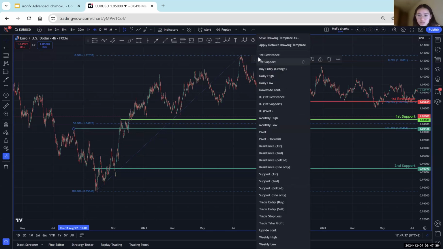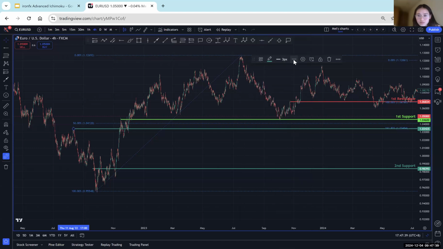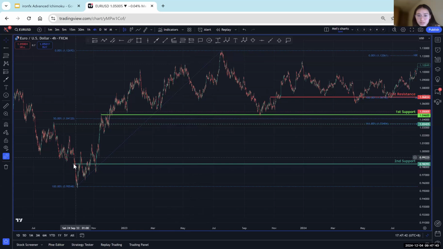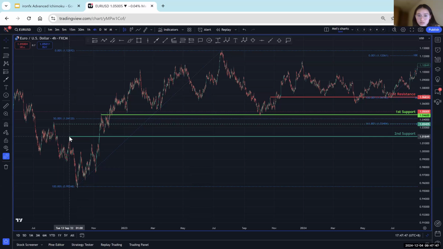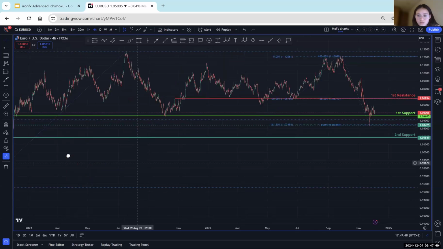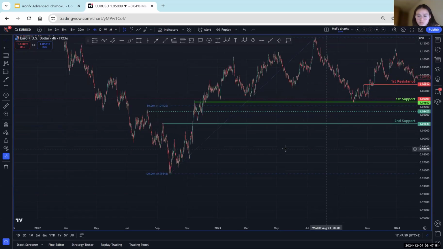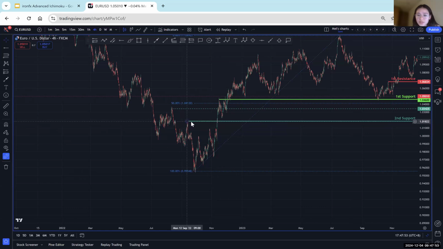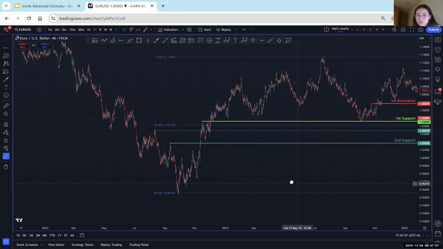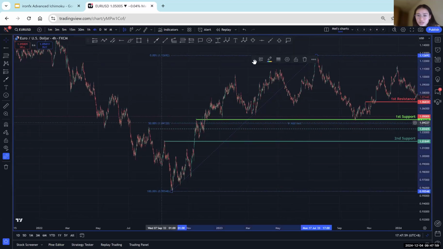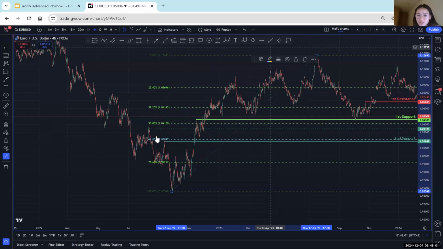This is kind of an intermediate level. Okay, and then for my second support, I'll just place it further down here, in line with this pullback support level. Okay, now I'm gonna check to see if we have any other levels that line up. Yep, our 61 also lines up.